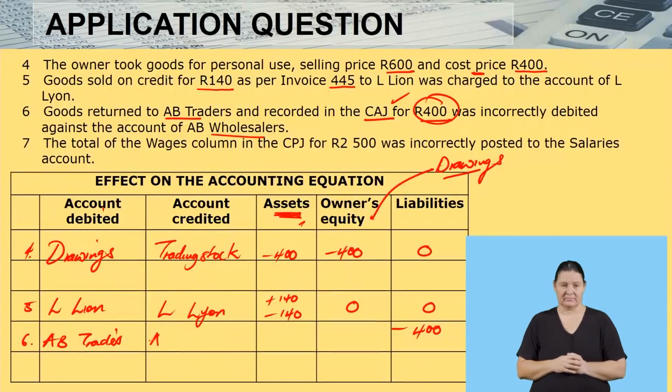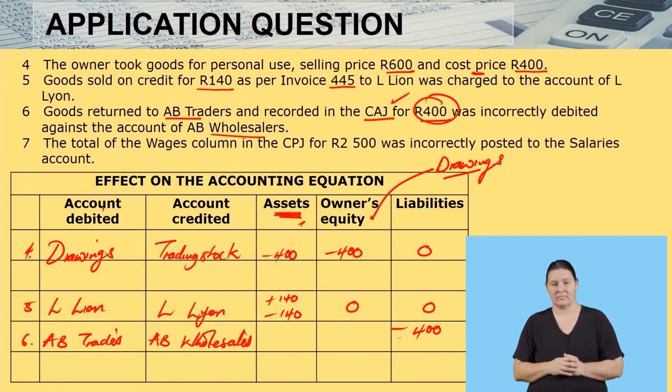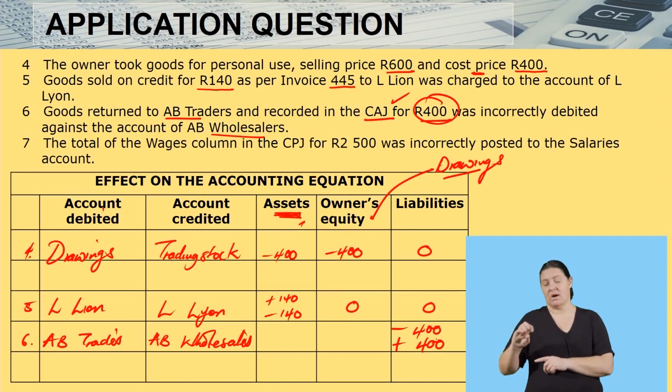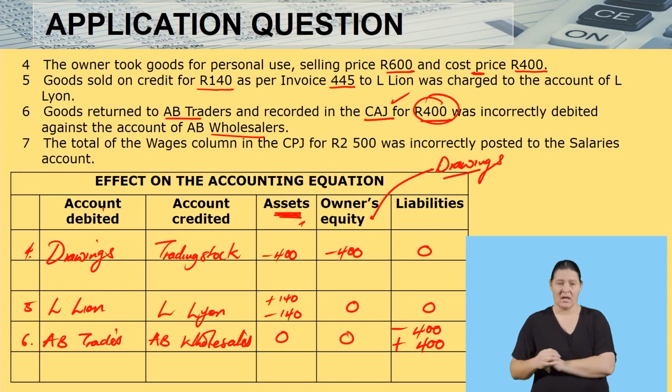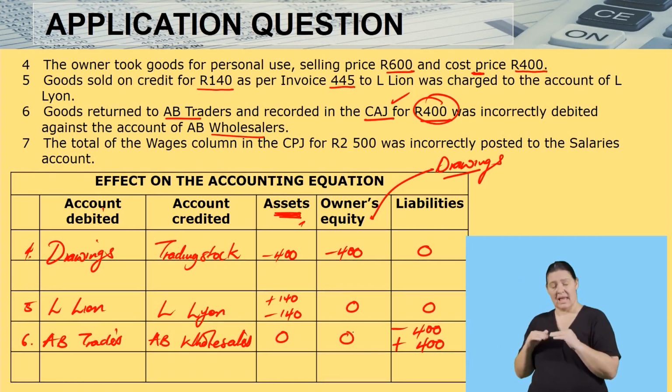So we come here, it's AB wholesalers. And then this is also our liability. So I'm coming here, once you credit a liability, you are increasing it, plus 400. So you have a plus and a minus 400 in this case. No effect on your assets as well as no effect on your owner's equity and liabilities.